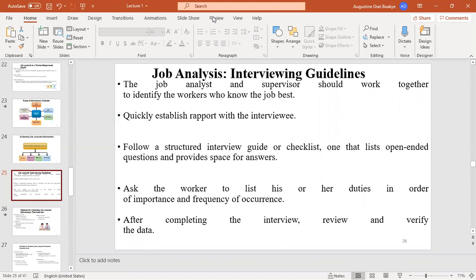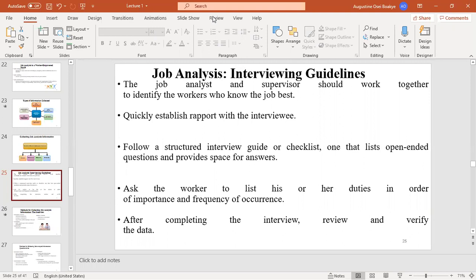So primarily, the job analyst will be asking a series of questions, and usually these questions come with follow-up questions, just to clarify why a particular job is performed the way it is performed, and when it is performed, how it is even performed, and so on and so forth.